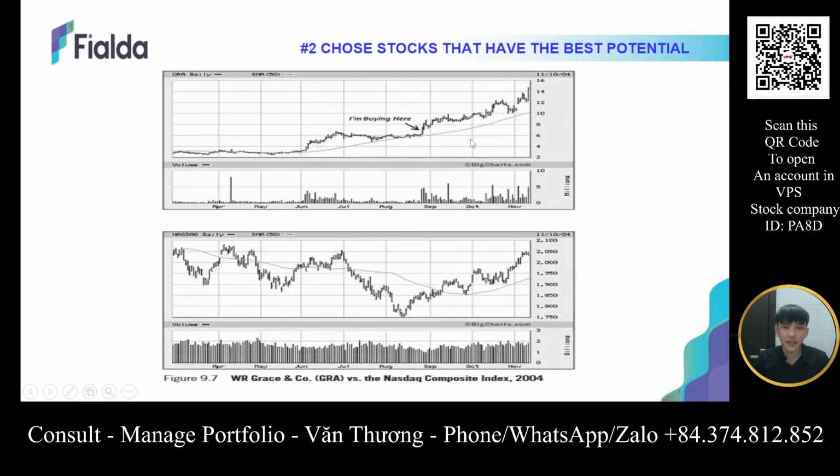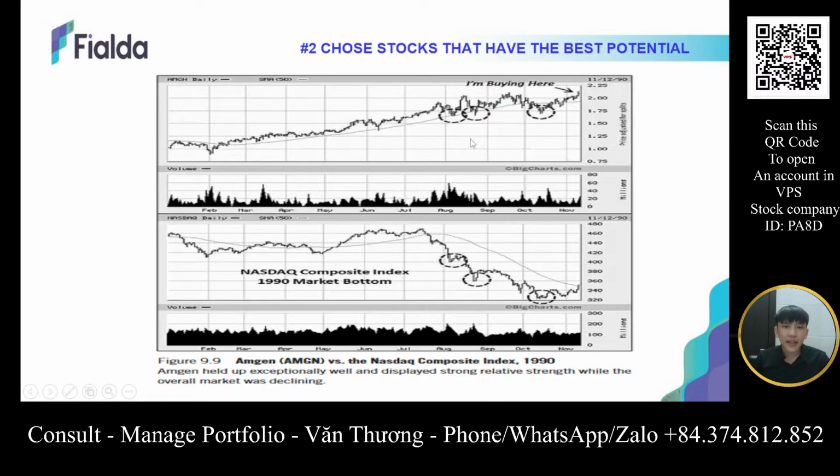So the big return. And the next stock is Amgen. So in 1990, the Nasdaq was in a downtrend in the bear market, but you can see here the little stock in the new bull market.